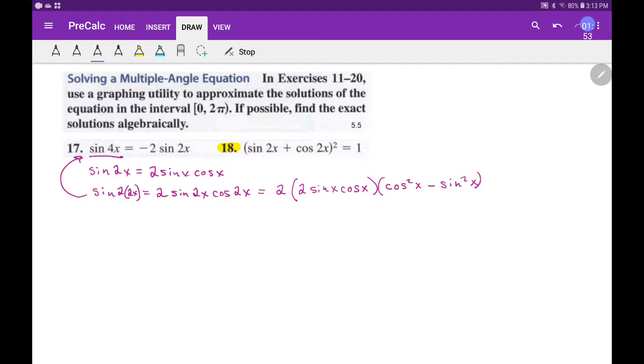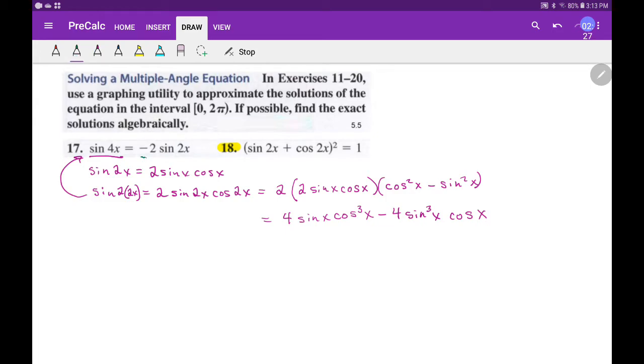And now I think I'm going to go ahead and multiply that out, and I'll say 4 sine of x cosine to the third x minus 4 sine to the third, I was supposed to say, cosine x. Okay, so that's that part. That's the sine of 4x so far.